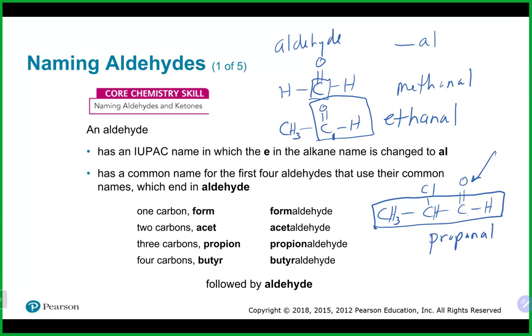Because this has to be carbon number 1, because that's where the carbon-oxygen double bond is located, that means that my chlorine is at carbon number 2. So this would be 2-chloropropanal. And again, you don't need to give the number for the aldehyde group here. But it is going to be carbon number 1, no matter where it lays out. Any questions on that there?